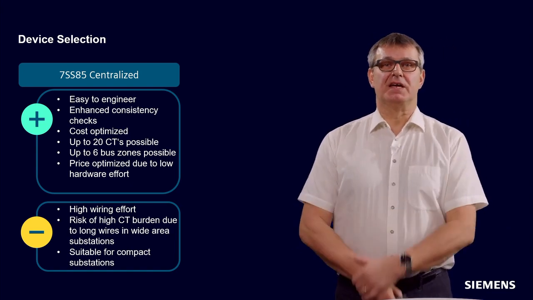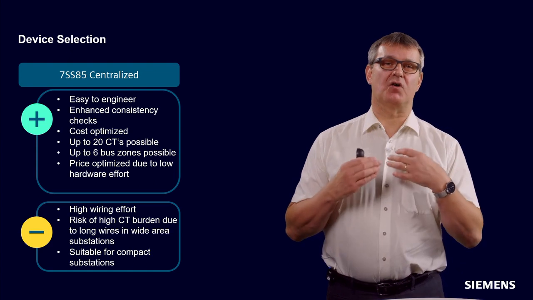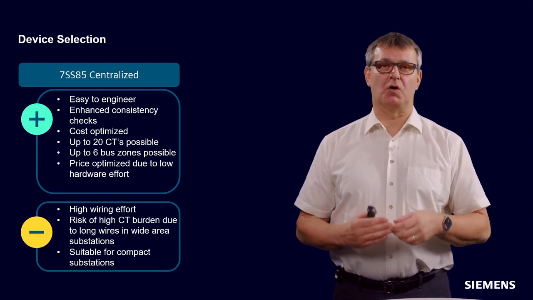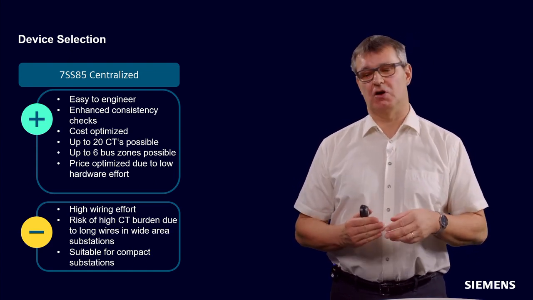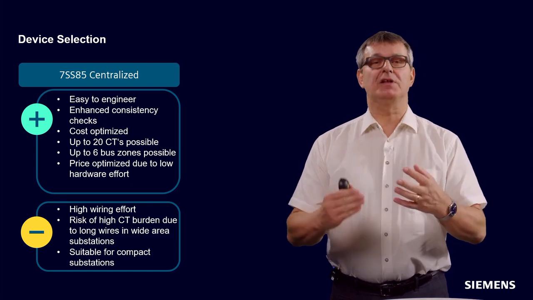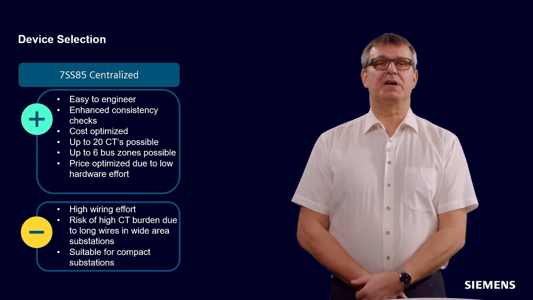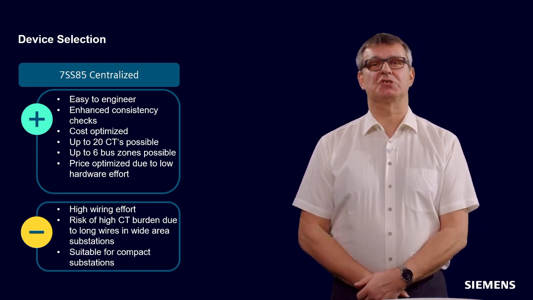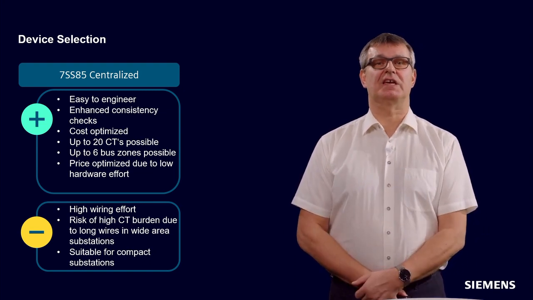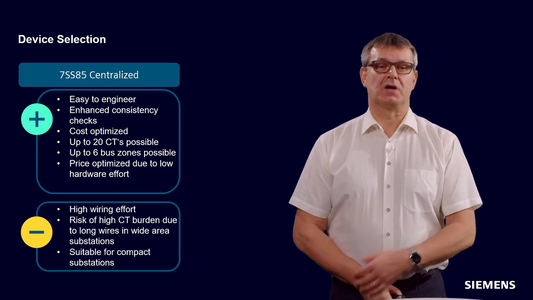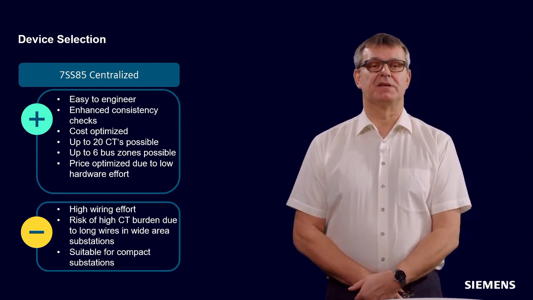As it is a centralized busbar protection, you have only one device and one CPU instead of several. It's cost optimized, so centralized busbar protection is in most cases also the best one in price.